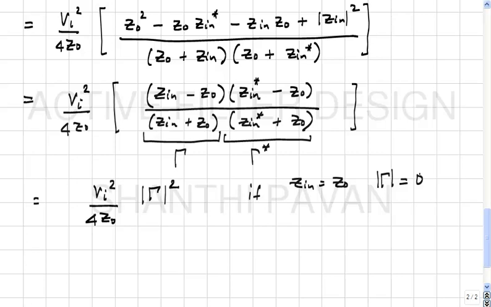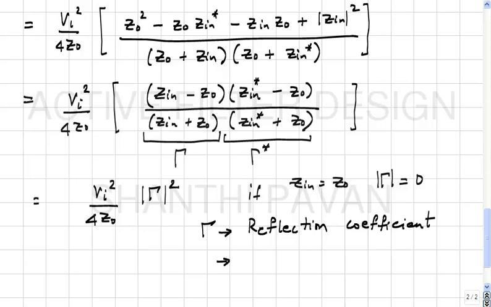This gamma is called the reflection coefficient, for some very obvious reasons, which I will describe in a couple of minutes.